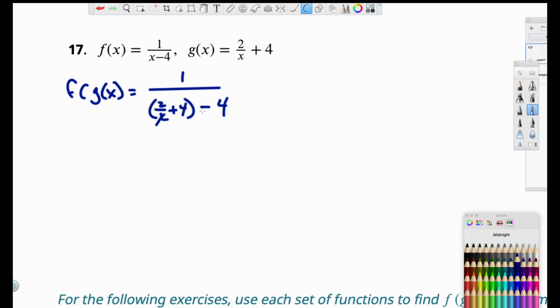So now the plus 4 and the minus 4 cancel. So it gives me 1 over 2 over x. I have a compound fraction here. How about I multiply top and bottom by this reciprocal? That cancels all of this, and I'm left with x divided by 2.